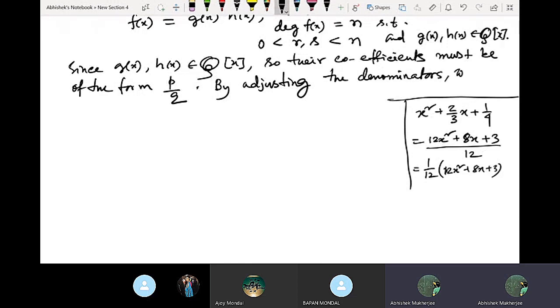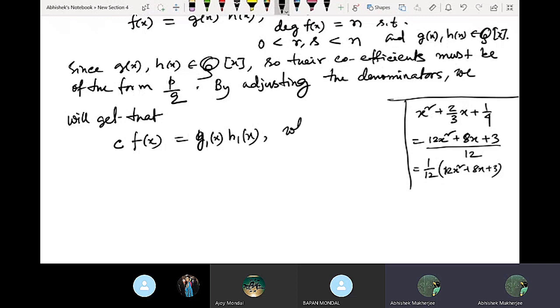We will get that some c into fx equals g1x into h1x, where this c belongs to Z, and of course c not equal to 0.